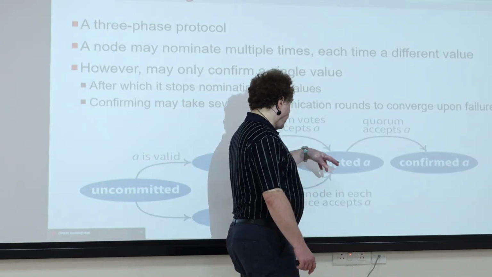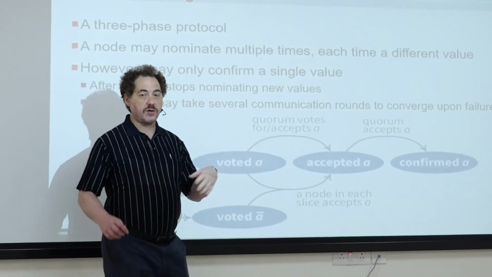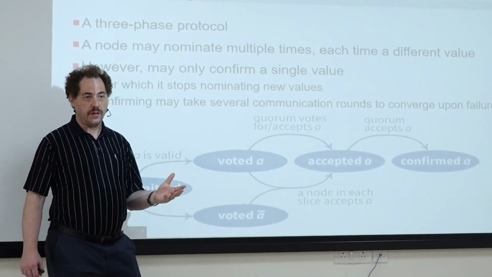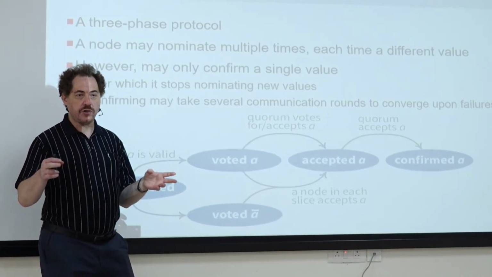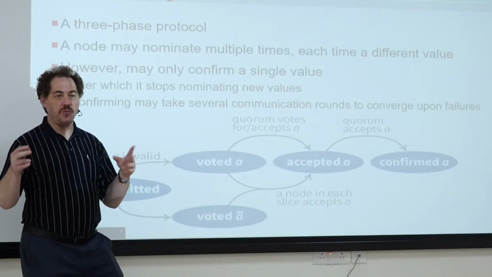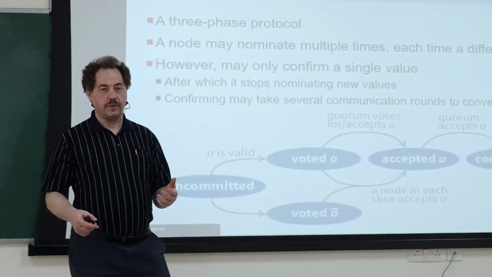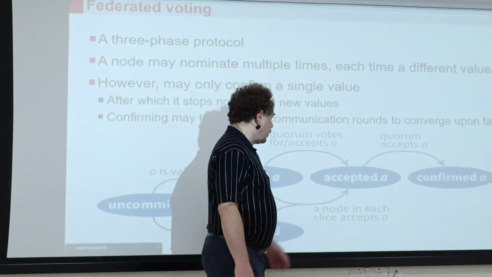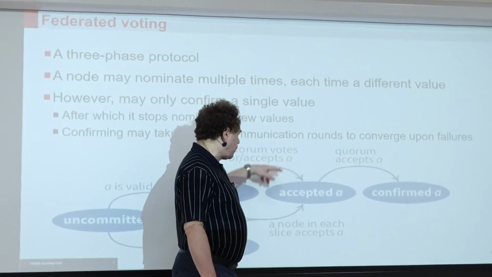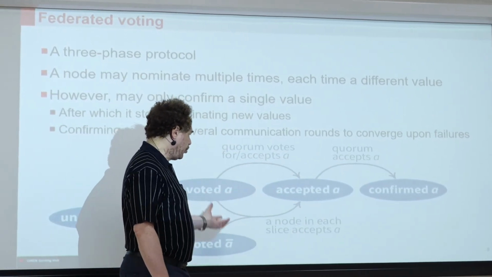And then there is a quorum discovery in parallel to this process, because initially a node doesn't know what a quorum is and from whom there is a need to collect the votes. Quorums are dynamic and built on the fly. So in parallel, a node would do the discovery.